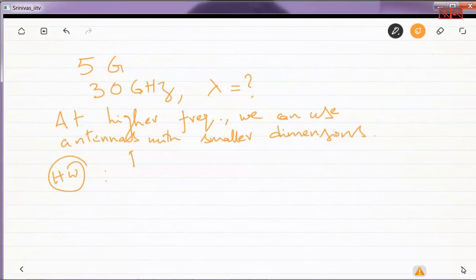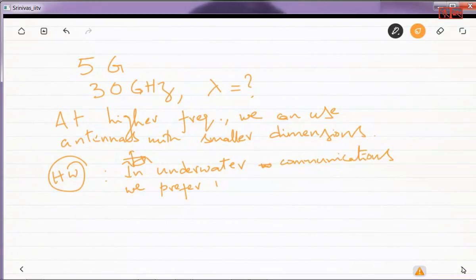In the water you can communicate through acoustic waves, optical, and also RF. Let me not confuse you with all those things. In underwater communications, we prefer using low frequencies.